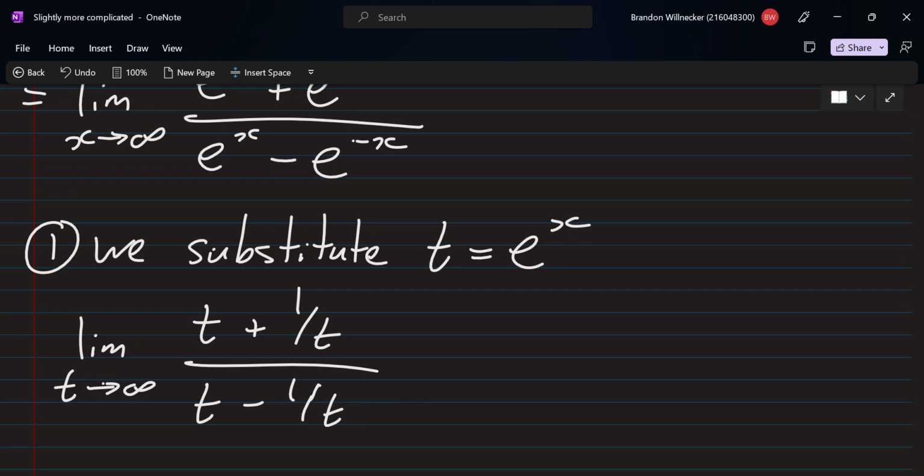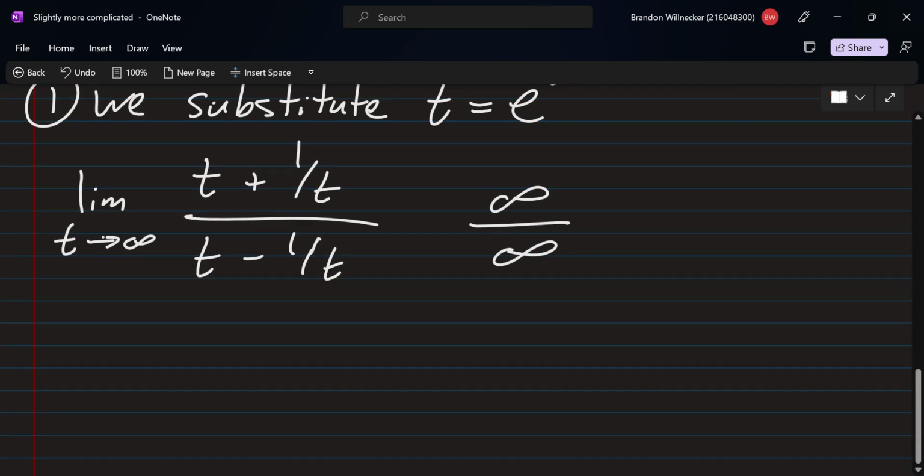Okay, so just a little substitution there. Now, what happens if we take the limit? 1 over t goes to 0, t goes to infinity, so we end up with infinity over infinity. So we end up with the same indeterminate form that we had at the beginning, but with this one, L'Hopital's rule will help us now. So let's do that.